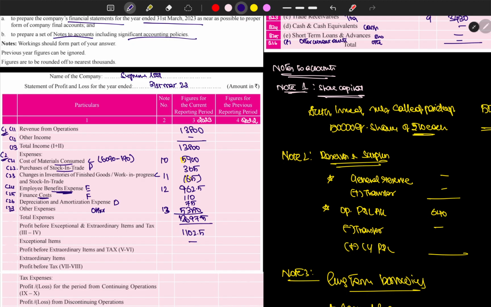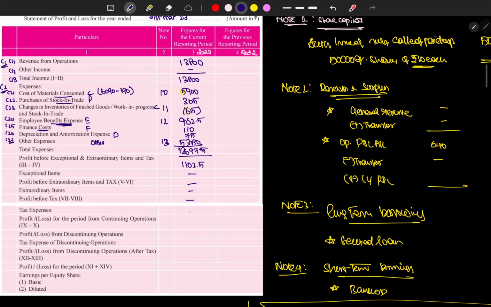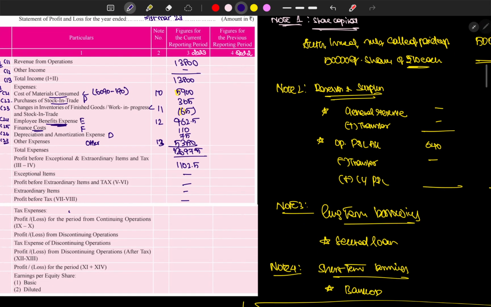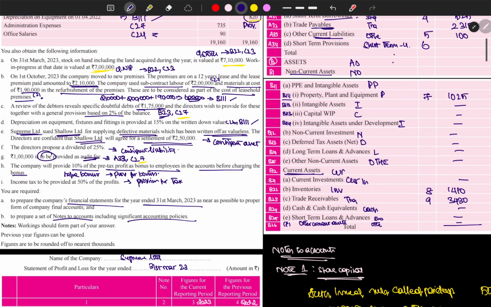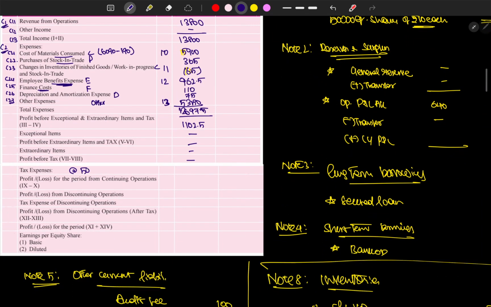Okay, tax expense at how much percentage? Tax expense at 50%, 50% of which is 551.25. Okay, no discontinued operation information, so 551.25.